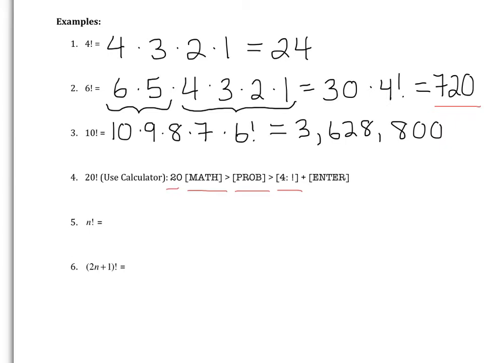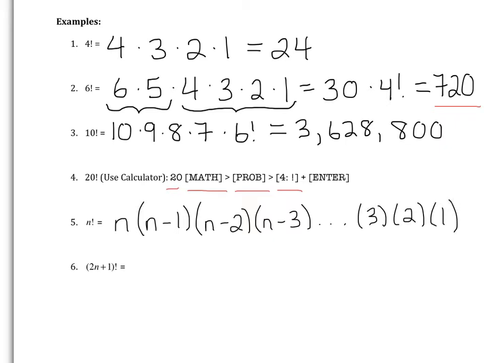So for number 5 here, n factorial, we're going to see this over and over, and we want to know that it means whatever number n is times the number just beneath that, so n minus 1, the number just beneath that, so n minus 2, times n minus 3, and so on and so forth, and you're going to multiply all of those out until you get all the way down to 1.